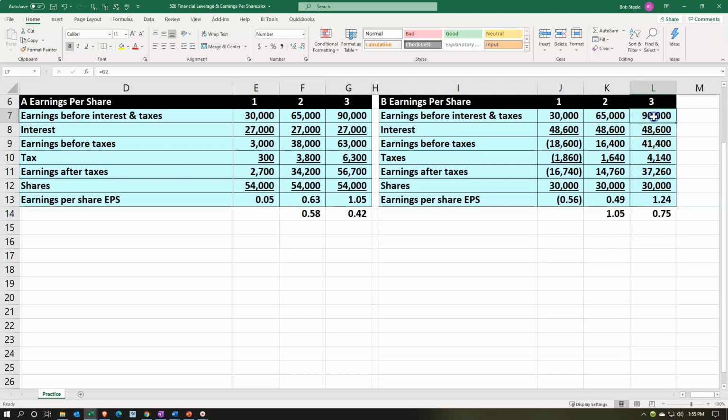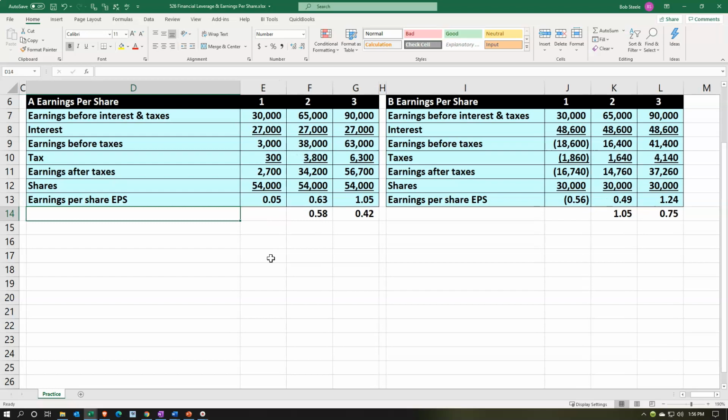If you think of it going from 90,000 back to scenario 2 and whatnot, you could see that the decrease that is happening could result in kind of a multiplier effect going down. When we went the other way, we decreased by the 1.05 versus the decrease in the earnings per share was only the 0.558. So once again, leverage can be somewhat of a benefit if you can predict the increase in prices, but there's risk involved with it as well. And when things go down, it could result in the negative as it goes down.